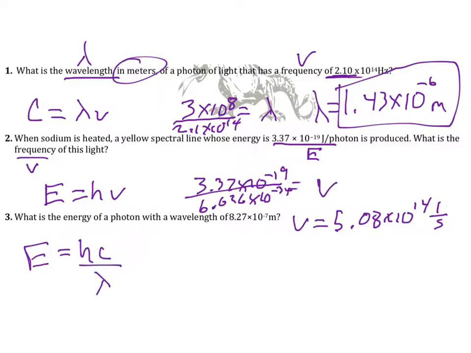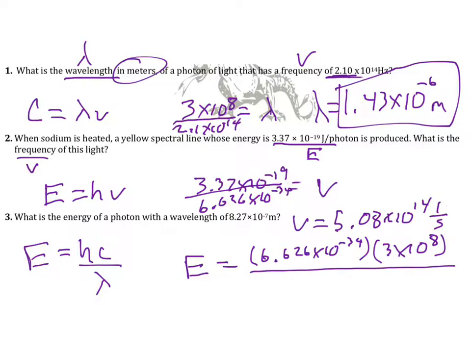So let's go ahead and figure out E here with this equation. We don't know what E is. However, we do know what h is. It's a constant, which is 6.626 times 10 to the negative 34. We know what c is because that's a constant as well. That's 3 times 10 to the 8.